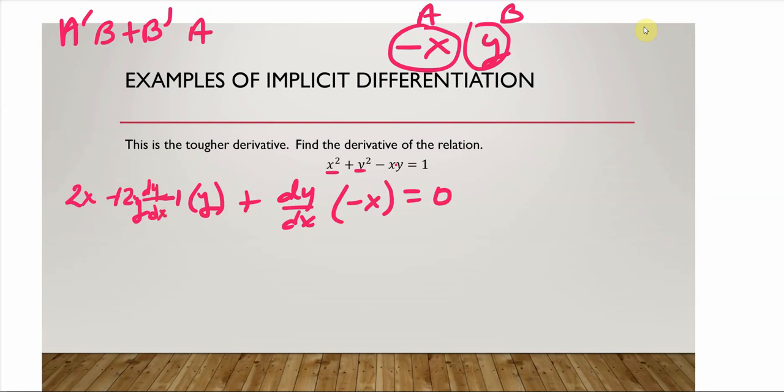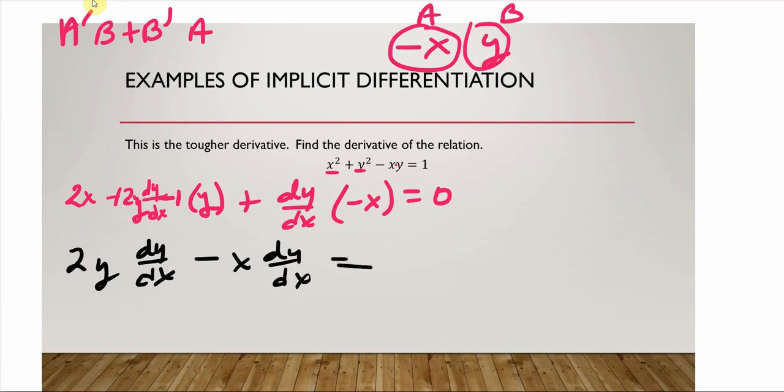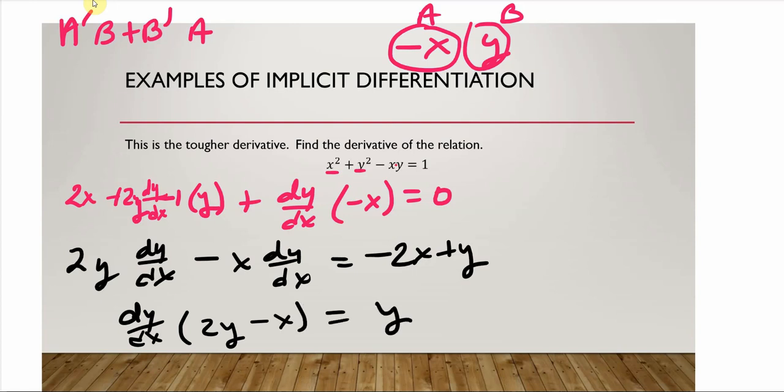So now, I have to move the ones that are not dy/dx's over to the other side. So I'm going to be left with 2y, oops, let me change the color on this. I'm going to have 2y dy/dx, right? And then I'm going to have minus x dy/dx is going to equal negative 2x plus y. So I'm going to factor out my dy/dx, and I'm going to be left with 2y minus x is going to equal y minus 2x.